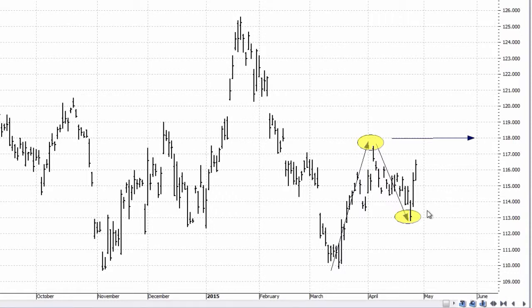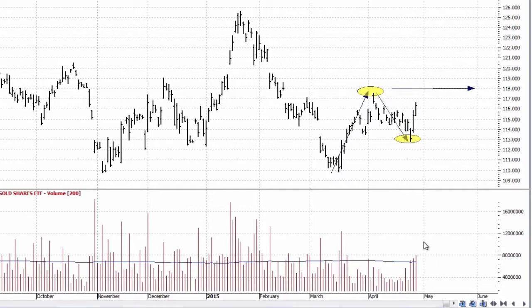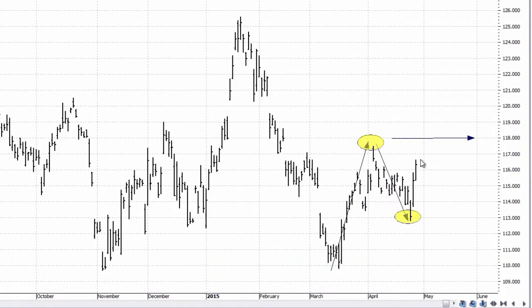Now, because we've had three strong bars up, which is actually three strong solid upward moves also on above average volume, we could in fact see a little bit of a move down perhaps over the next couple of days, or maybe a little bit of consolidation, but I would also expect that we would reach this 118 level fairly quickly.